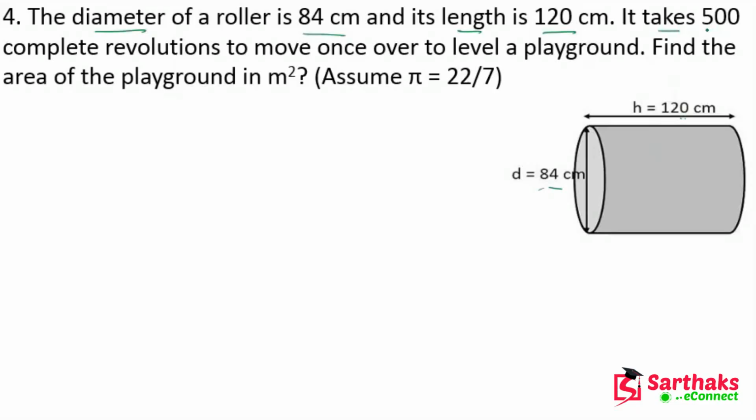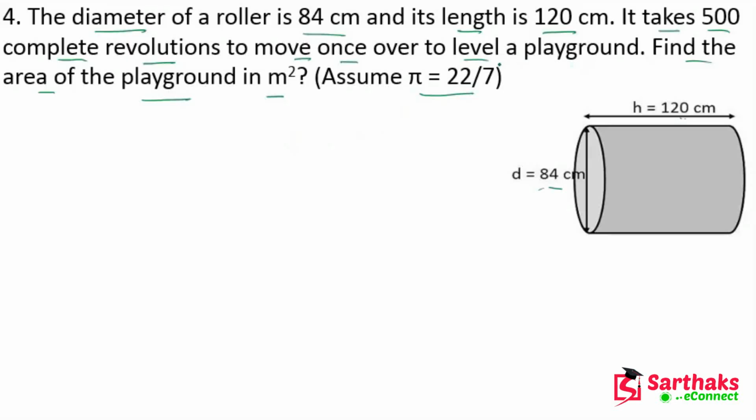It takes 500 complete revolutions to move once over to level a playground. Now find the area of the playground in meter square. We can take pi as 22/7.